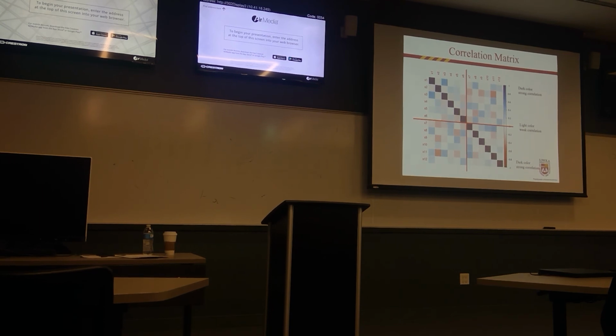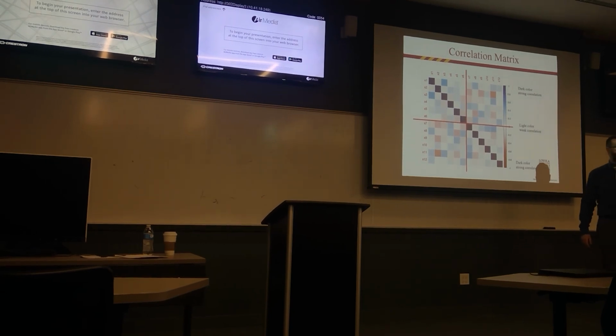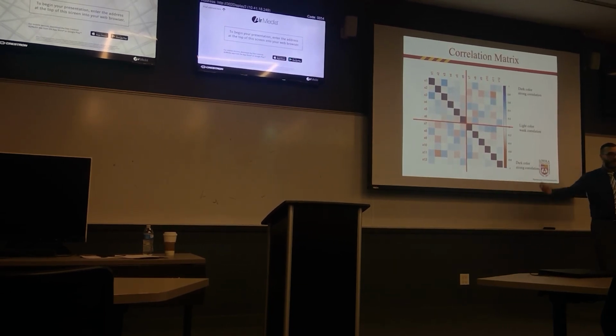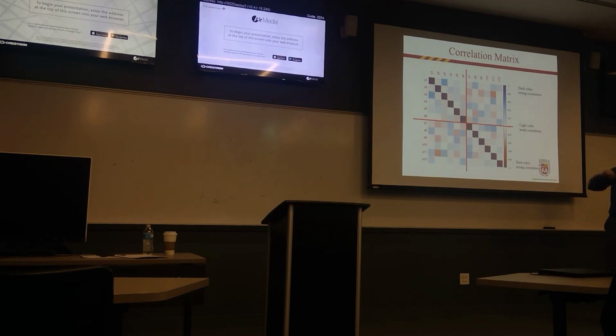It's a good visual to see the correlation between so many variables at the same time. Because you're not only doing this between two, you might be doing it between 12. So each one would be compared to the other 11. And you have to do this 12 times. So you will have something like that.